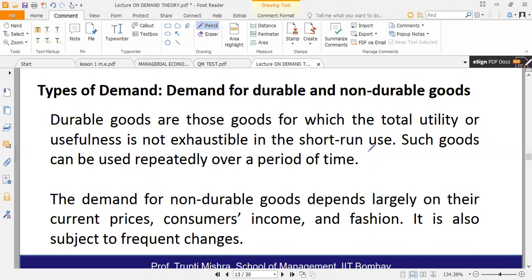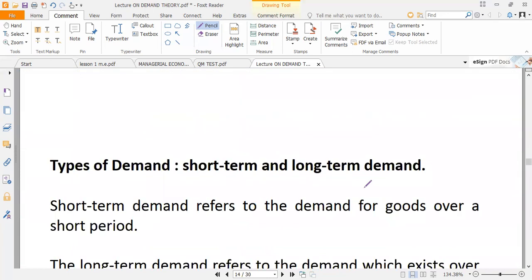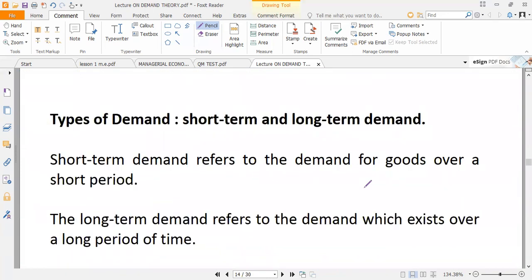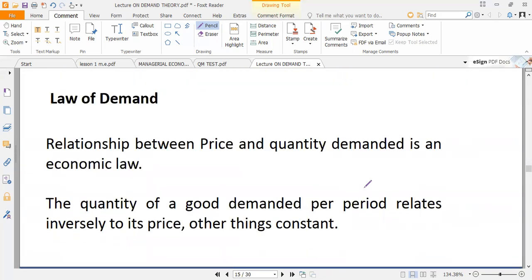They're often used repeatedly, like shelter, water. And there's also non-durable goods which depend largely on the current prices, income and fashion. They are subject to the frequent changes in the economy. So there are goods that are demanded for in a short term, and there are others that are demanded for over a long term.